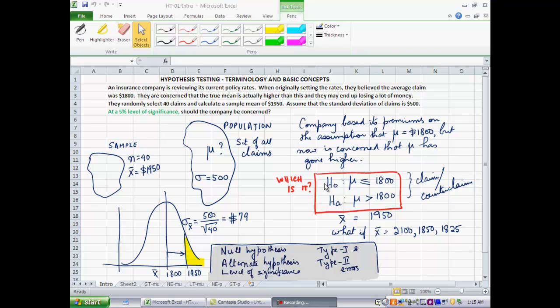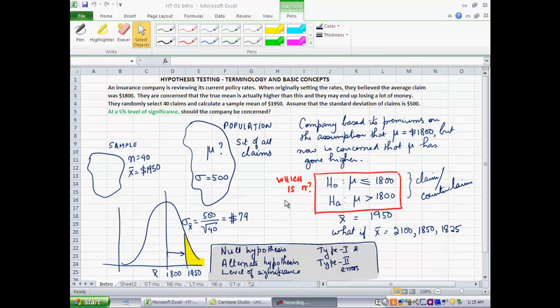So what are the possibilities that could arise? For example, let's take three different scenarios. Let's say instead of 1950, if the sample mean had turned out to be $2,100, then just intuitively I think you would feel fairly comfortable in saying, I think I will reject the null. This mu less than or equal to 1800 is probably not true.